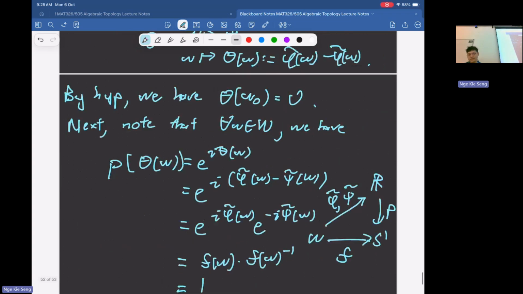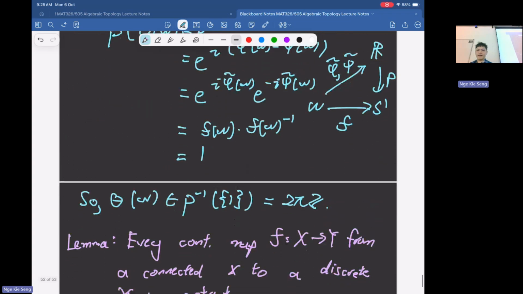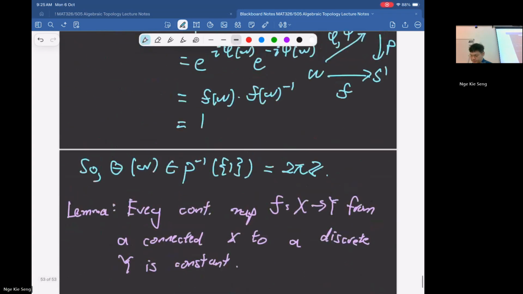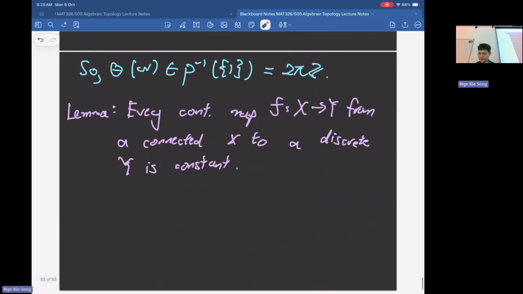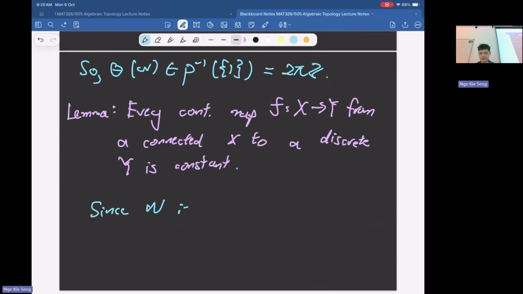So since our W is connected, and our range is discrete, it follows that this theta here must be constant.